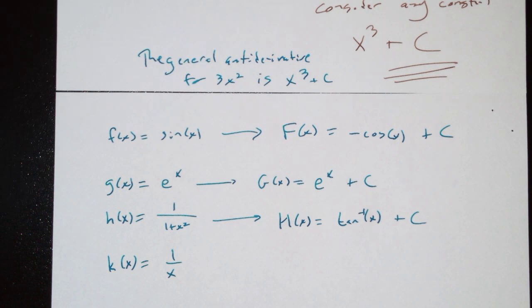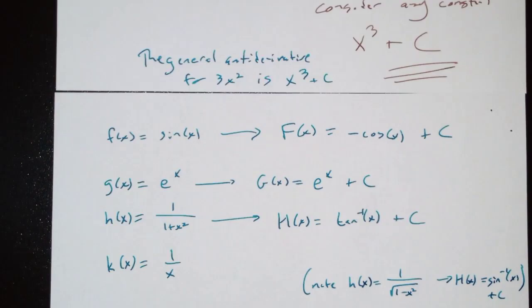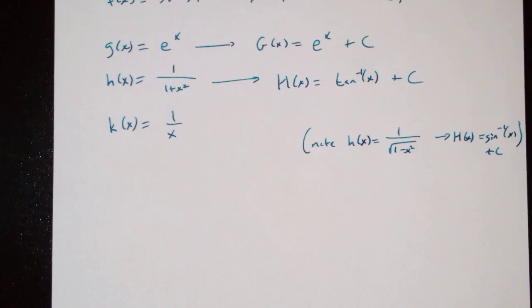The other one we end up using a lot is the inverse sine, which is the one over the square root of 1 minus x squared. Those two will be the most commonly used inverse trig antiderivatives. But again, I have a formula sheet, so it pays to remember those.